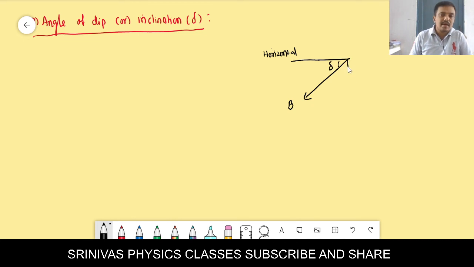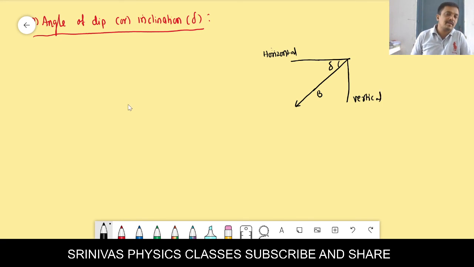Very simple definition, right? The net earth magnetic field makes some angle with the horizontal, and that angle is said to be the angle of dip.